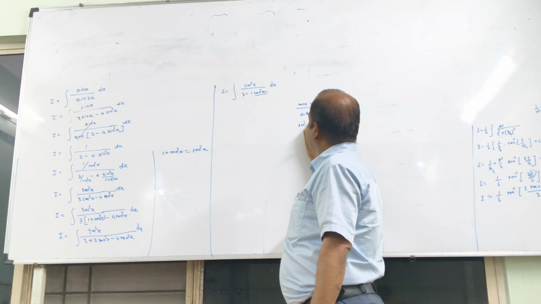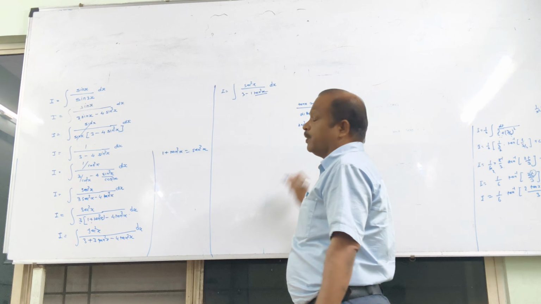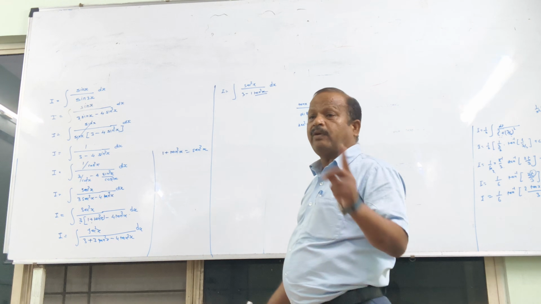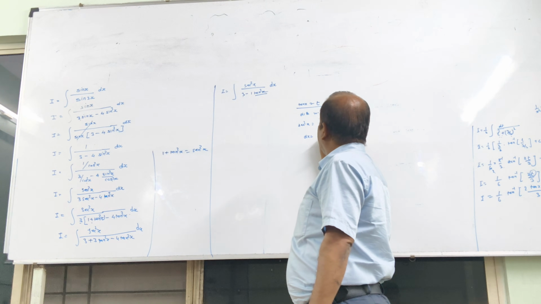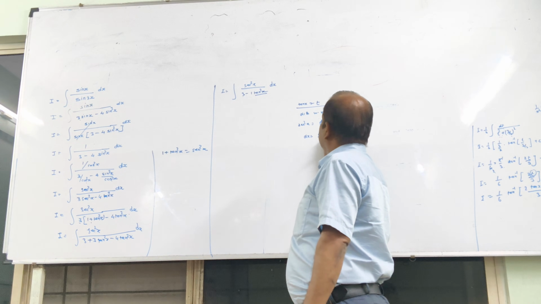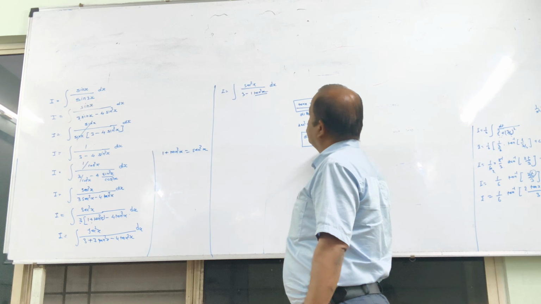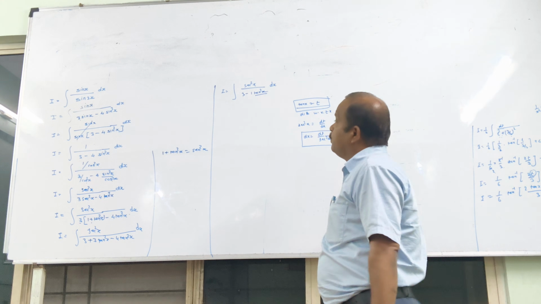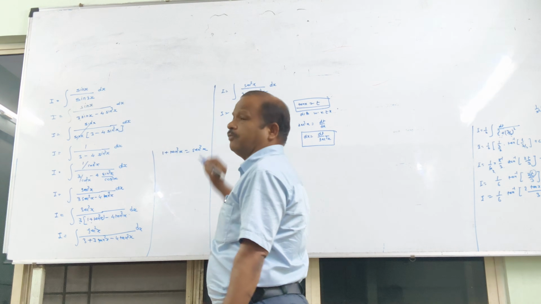Sec square x equals dt upon dx. So from this equation we can find the value of dx. dx is equal to dt upon sec square x. Substitute the value of dx and tan x equal to t in the given problem, and we can convert it into the standard form.